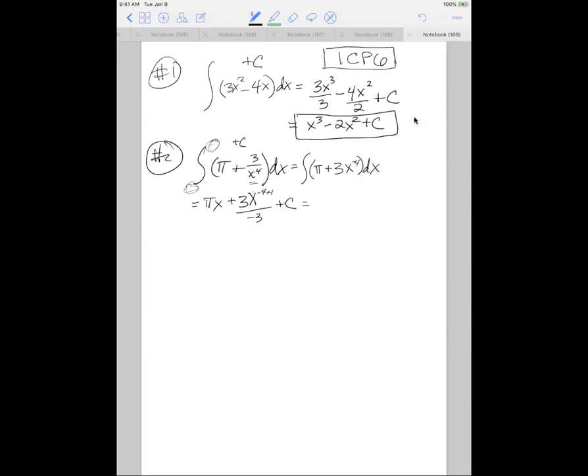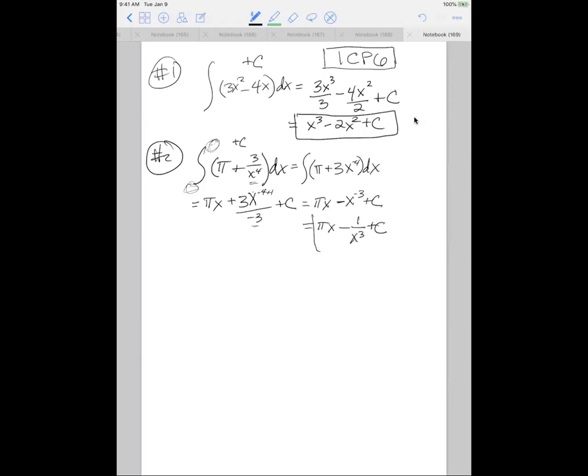So now we've got the pi x doesn't change. Now that negative 3 in the denominator is a multiplicative factor, dividing by negative. That negative sign is going to need to come upstairs, and the 3's cancel, so I actually end up with a subtraction minus x to the negative 3 plus c, and then I'll ask you to get rid of negative exponents for final answers, and that ends up being pi x minus 1 over x to the 3rd plus c.